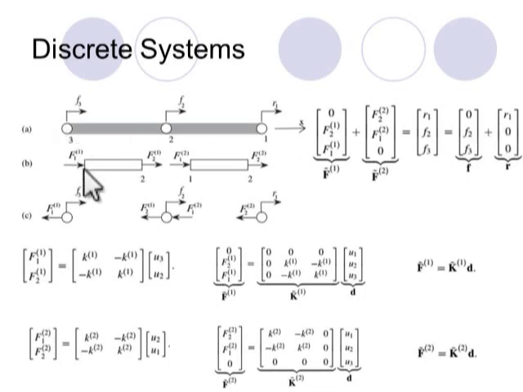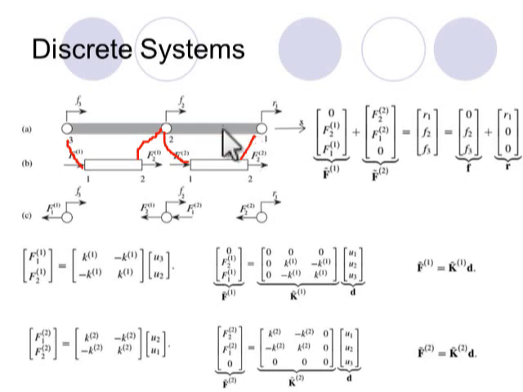So it is like this. This goes to this. This goes to this. As you see, the second node of the first element and the first node of the second element are actually the same node in the global system.